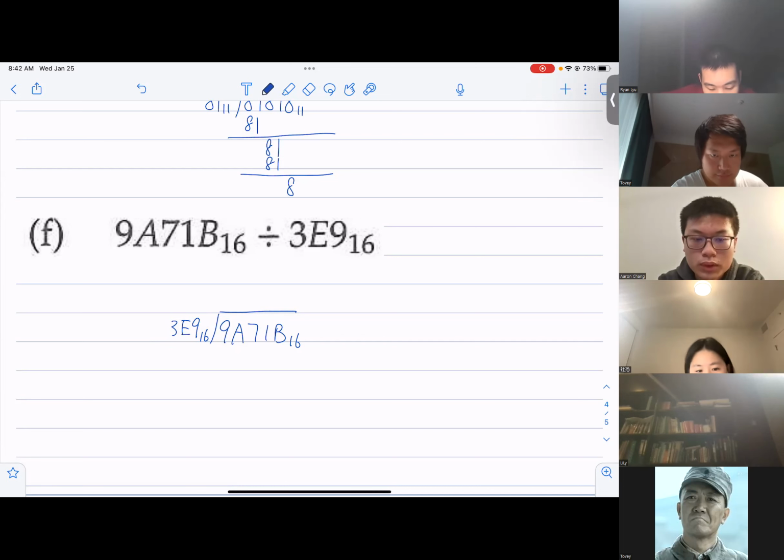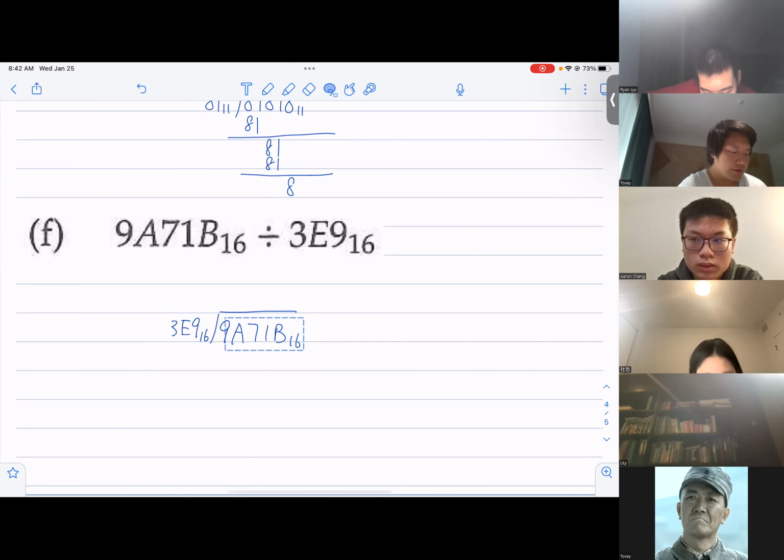How many are there? I have an easier method. Okay, go ahead. We can convert every number to decimal and then divide in decimal and then convert back to 16. Yeah, that would always work, especially for difficult numbers like these. But for this number, you see, this number is pretty big. It's 9 times 16 to the power 4, right?